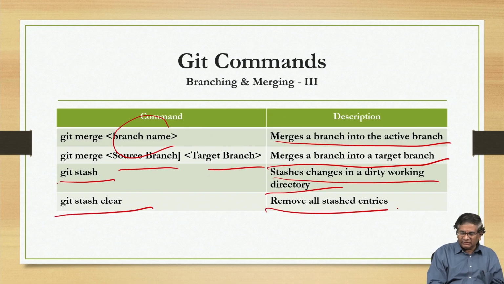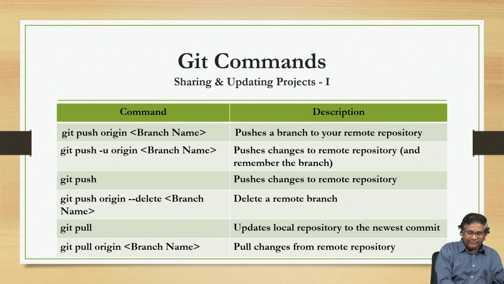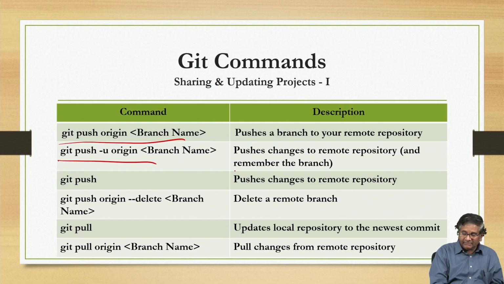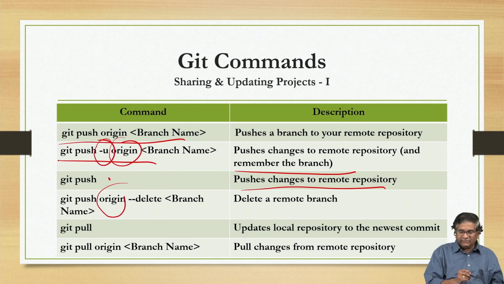Stash clear removes all stashed entries. Git push origin pushes a branch to your remote repository, which you have seen. Minus u origin changes the remote and remembers the branch. Minus u is to remember the branch. I think I already talked about it earlier. Git push pushes the changes to the remote repository. Origin is required when you haven't set upstream, like tracking is not set.